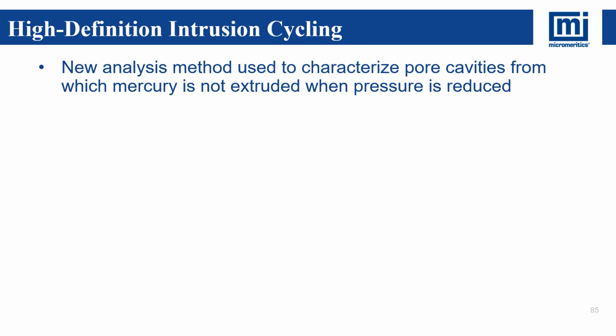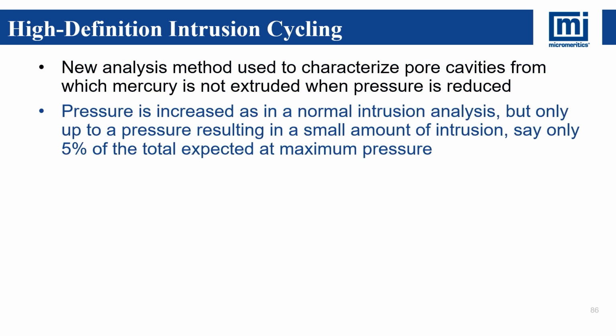For this method, we start the mercury intrusion analysis as we normally would, but we only intrude up to about 5% of the total pore volume. We then extrude back to near atmospheric pressure. Recall, some of the mercury does not extrude from the sample.